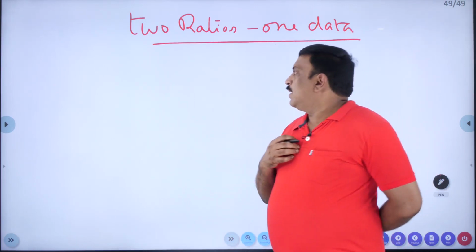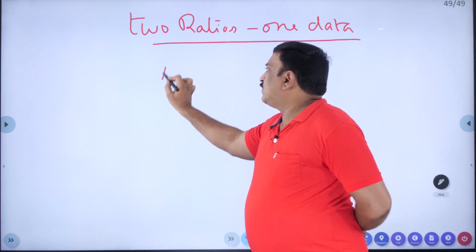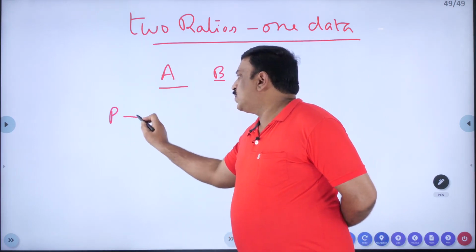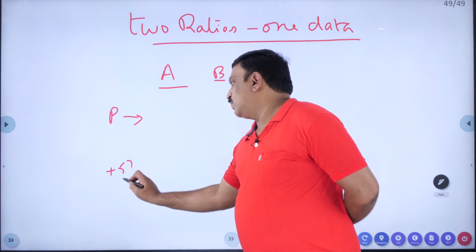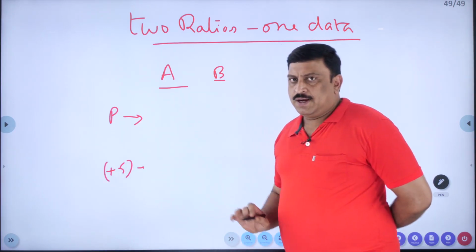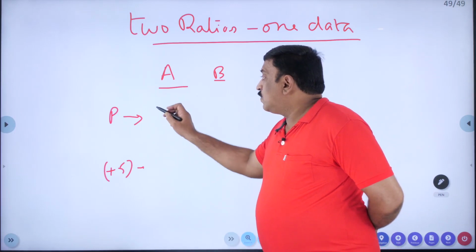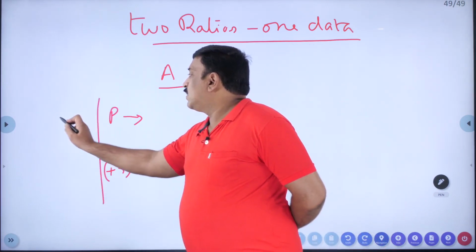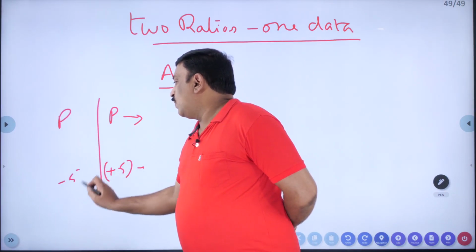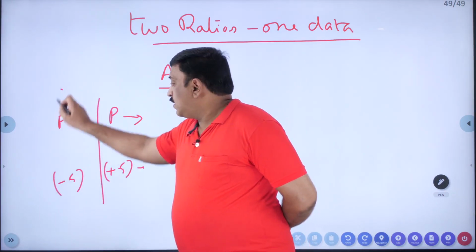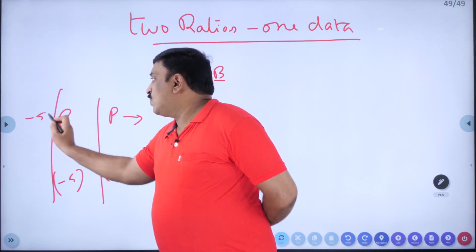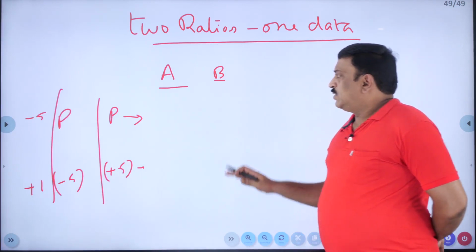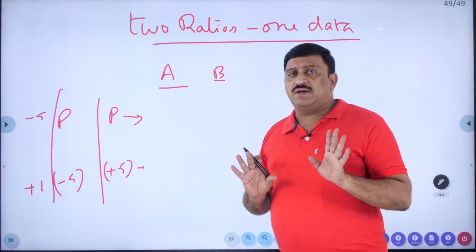Suppose it is A and B, they may give the present ratio and the ratio after 5 years, or they may give present and 5 years ago, or 5 years ago and 6 years after, like this. Anything, that is, the combinations of 2 ratios will be there in the question.